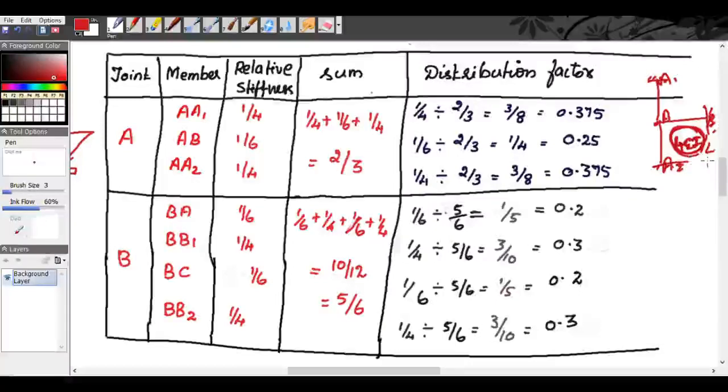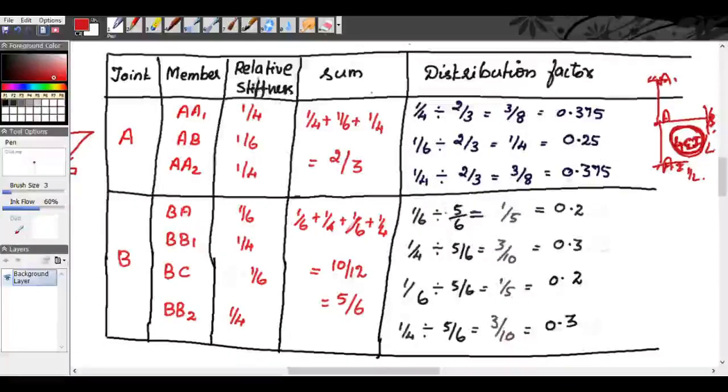So this term becomes common for all. So it is enough to write the relative stiffness as 1 by L, because EI by L will get cancelled.